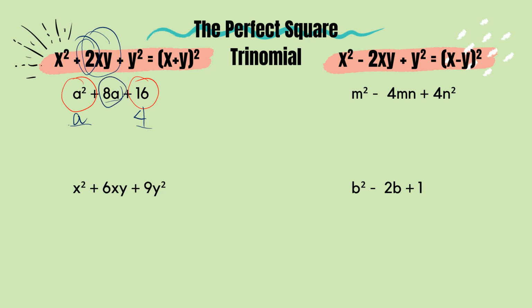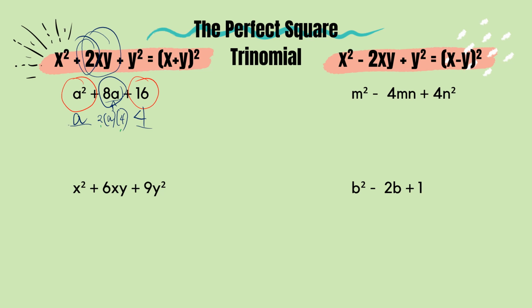Okay? So, let's try. So, that will be 2 times a times 4. So, is that equal to 8a? Yes, absolutely. Okay, so that is equals to 8a because 2 times 4 will give you 8.